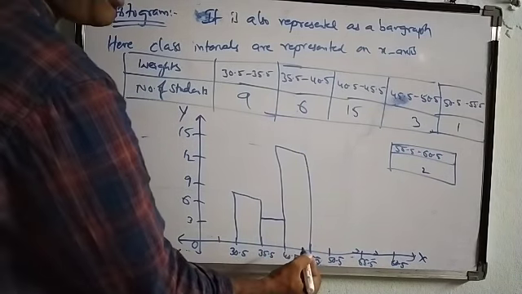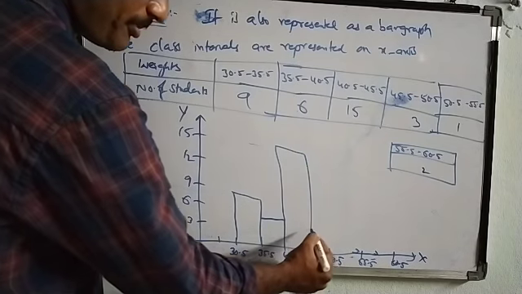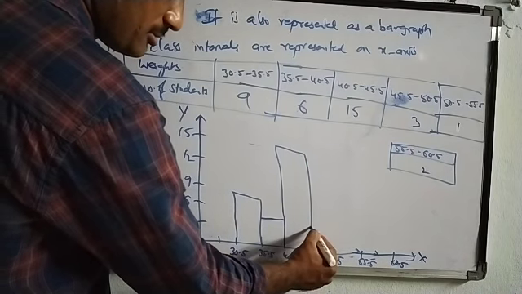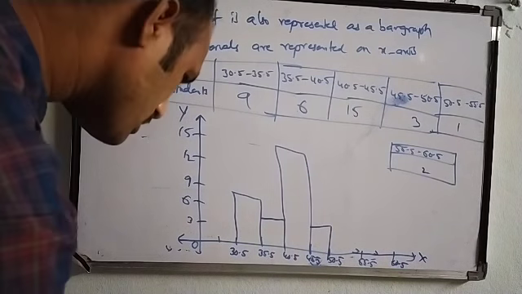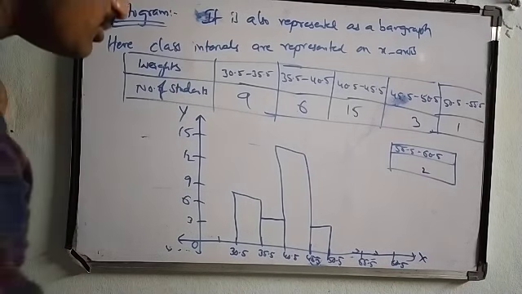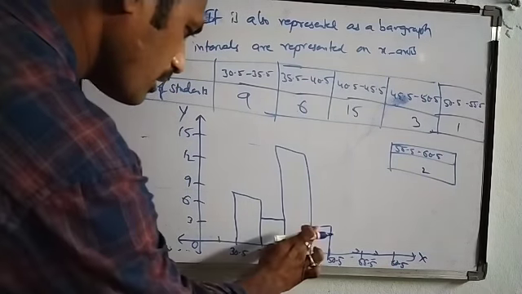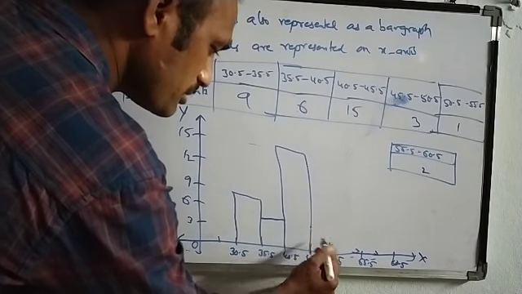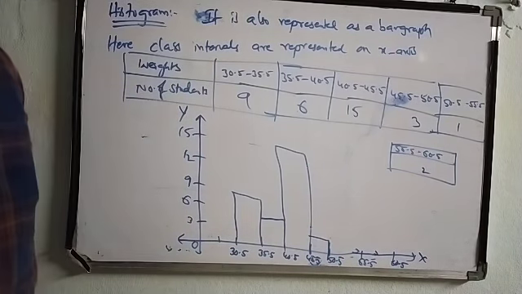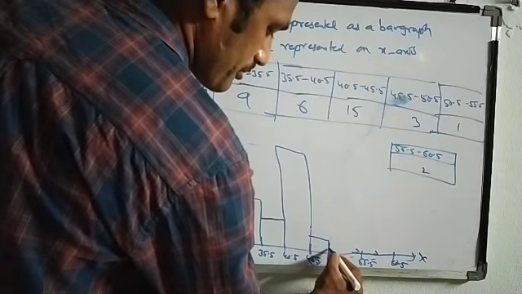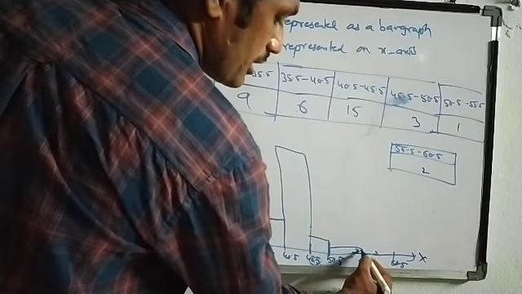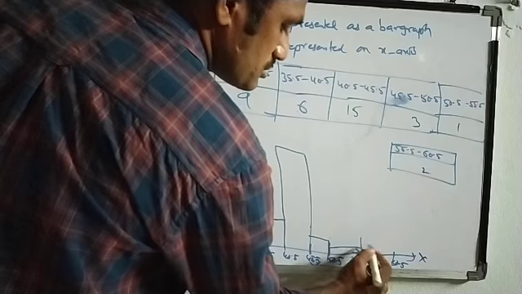Next 45.5 should be there up to 3. Next 50.5 to 55.5 is 1, and this will be 2.